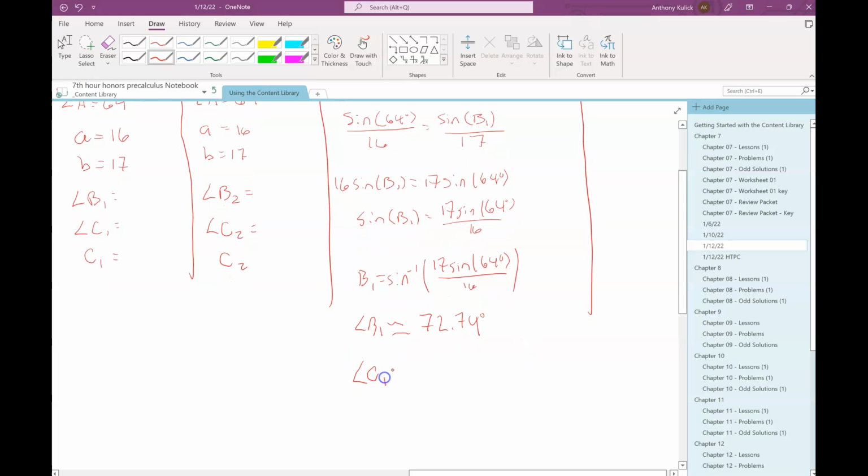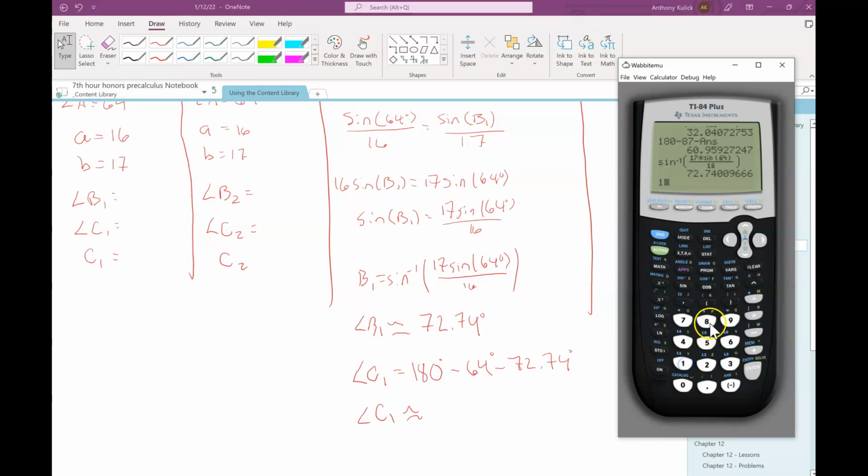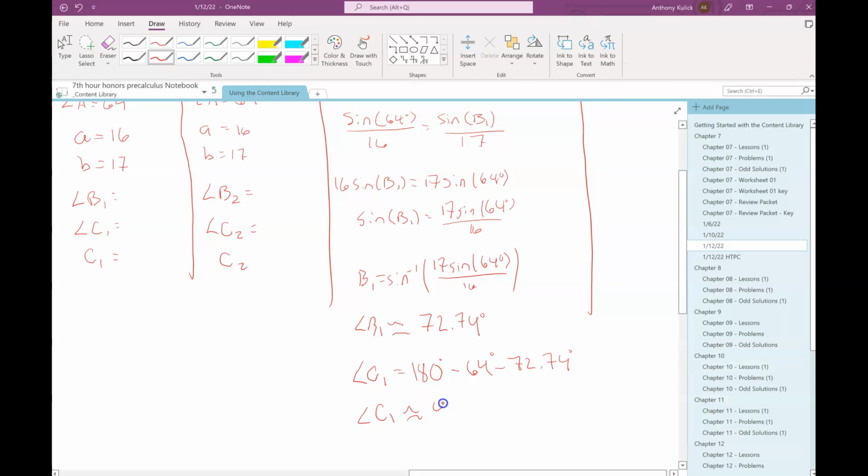And now that I have angles A and B, it's really easy to find angle C. So that's 43.26.